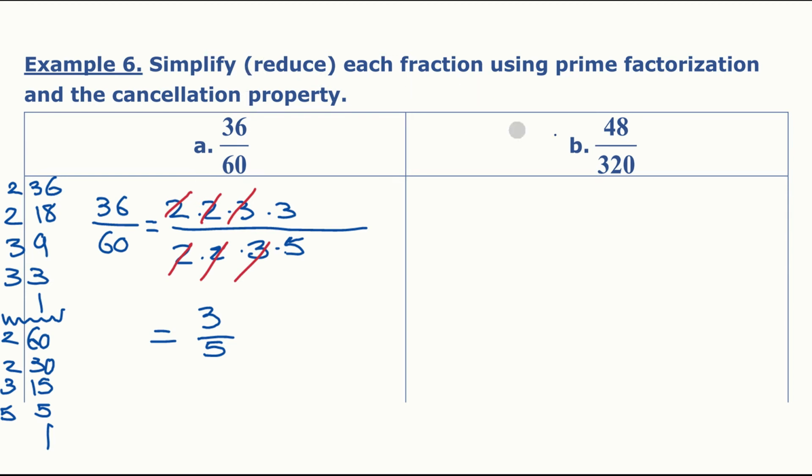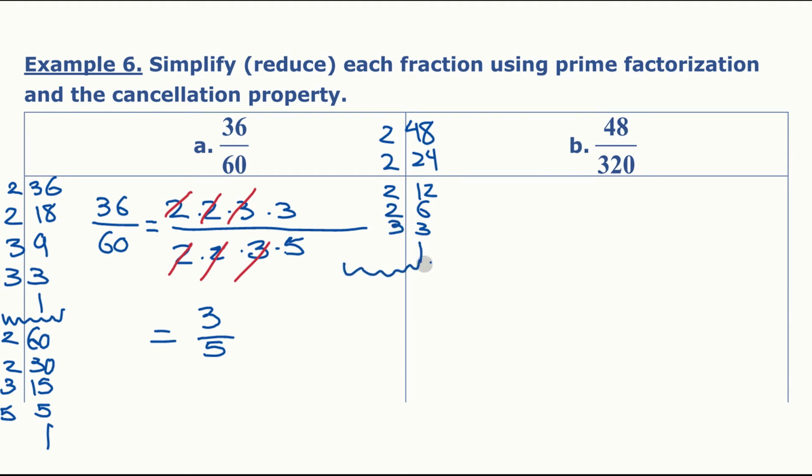All right, we can do the same here with 48 over 320. So let's go ahead and find, let me start further up here. So we'll start with 48. We get 2, 24, 2, 12, 2, 6, 2, 3, and then 3, 1.